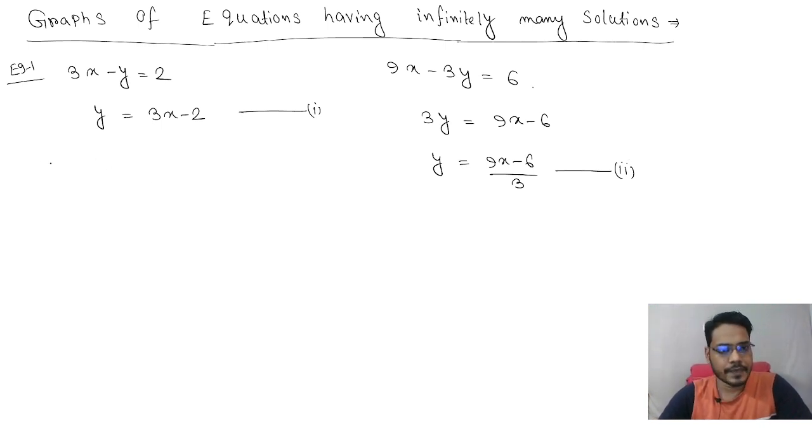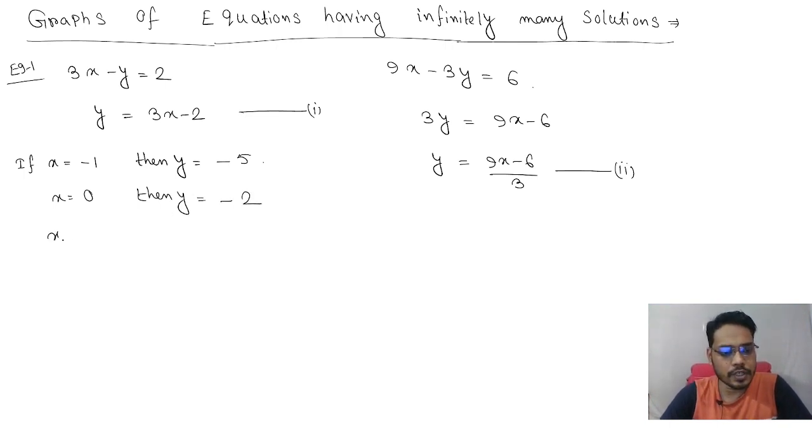So here in equation number 1, if we put x equal to minus 1, then y will be minus 5. Now if x is equal to 0, then y will be 3 into 0 minus 2, that means minus 2.